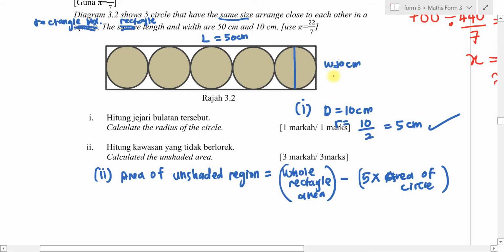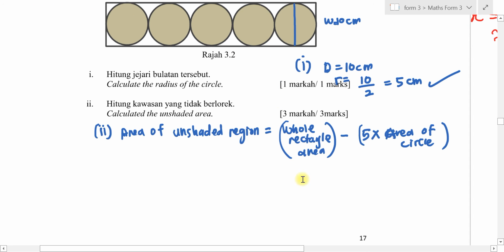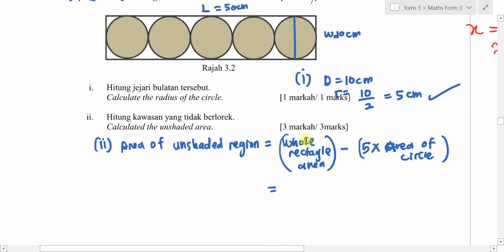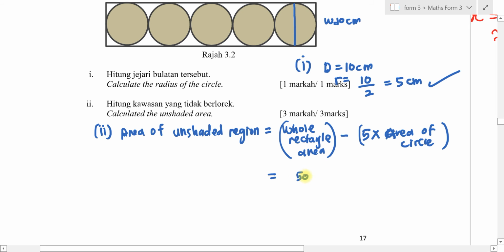The whole rectangle area minus the 5 circle area, then we get the unshaded region. The whole rectangle area is 50 multiplied by 10, length times width, minus 5 times area of circle. Area of circle is pi, 22 over 7, times the radius 5, which we just found out, squared.